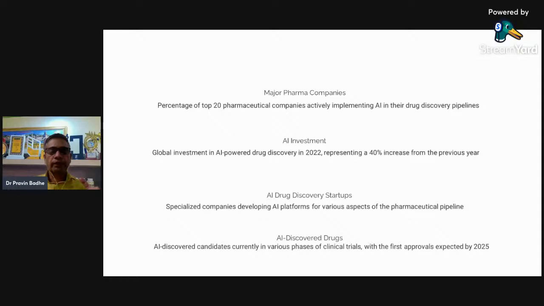So when we look at the transformation which has occurred in the drug discovery, if you look at the current state of the AI in the pharmaceutical research, about 65% of the major pharma companies, that is the percentage of top 20 pharmaceutical companies, have actively now incorporated AI in the drug discovery pipeline.